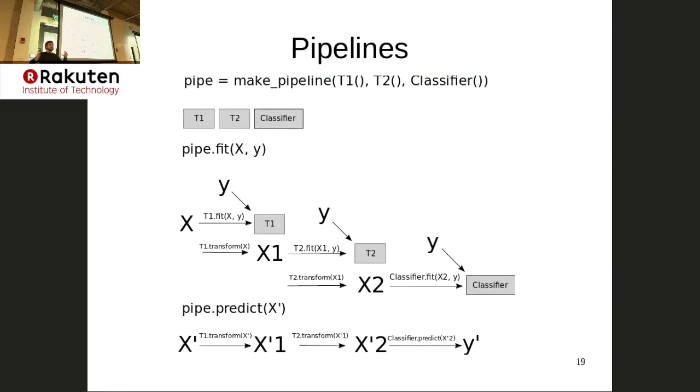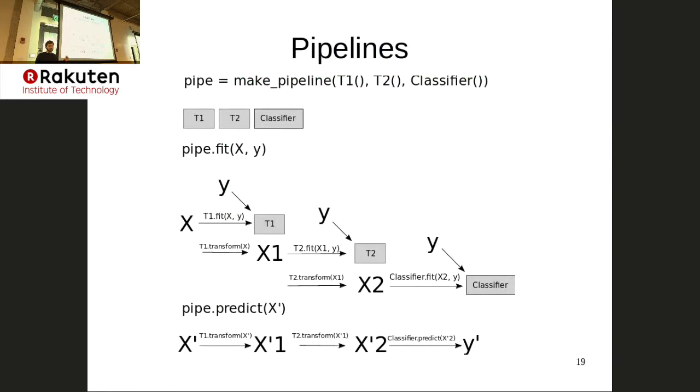And this is encapsulated in one object called pipe. Pipe, again, has fit and predict, as you might expect. If you call fit, what happens is illustrated down here. First, you take the initial data x that you put in, you fit the first transformer, say our count vectorizer, and then you transform the data. You get some different new data, x1.